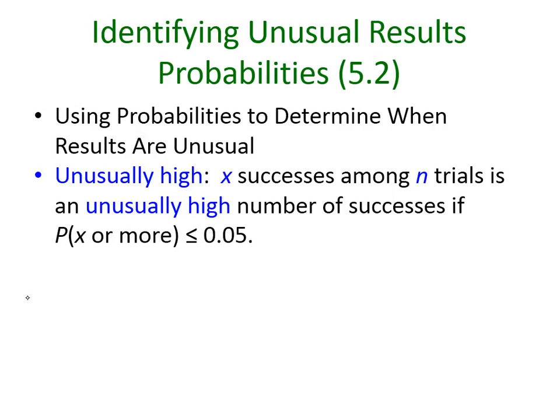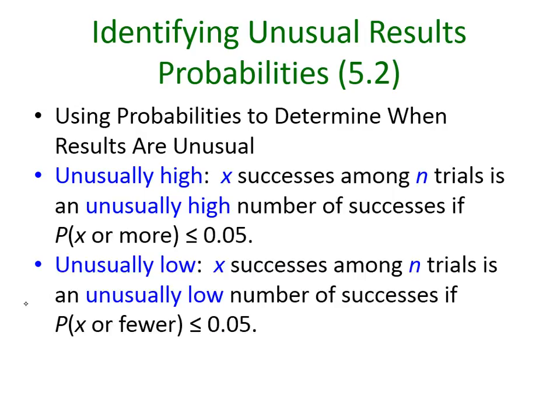Unusually high: X successes among N trials is an unusually high number of successes if the probability that X or more is less than or equal to 0.05. It's unusually low if X successes among N trials is an unusually low number of successes if the probability of X or fewer is less than or equal to 0.05.